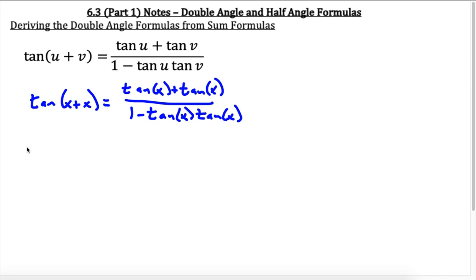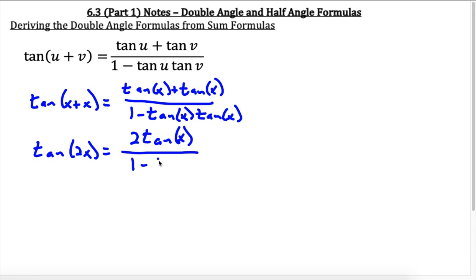And that would just simplify to tangent of 2x equals 2 tangent of x in the numerator, since I've got two tangents. And then the denominator would just be 1 minus tangent times tangent, which is tangent squared of x. So this is my double angle formula for tangent.